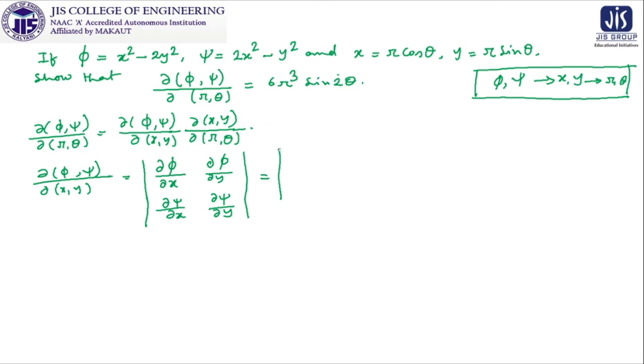From this part it will be 2x, then ∂phi/∂y will be minus 4y, then ∂psi/∂x from this part will be 4x, and ∂psi/∂y will be minus 2y. So after getting this, it will be minus 4xy plus 16xy, so it will be 12xy as the result.